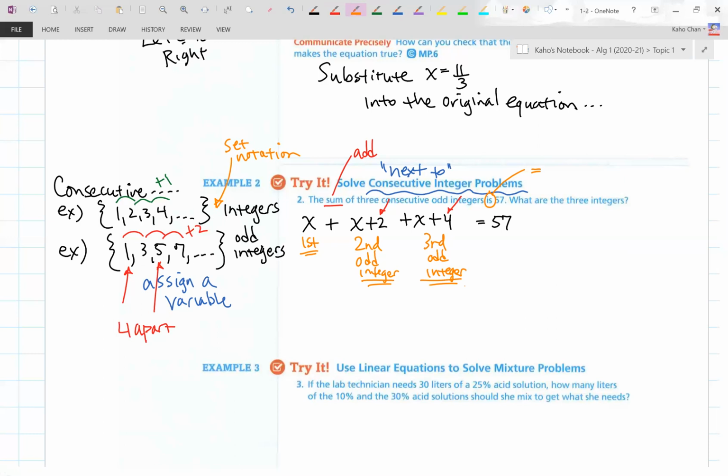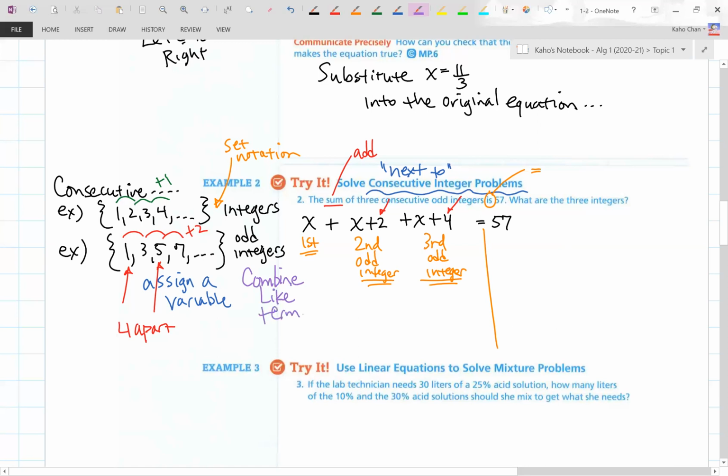And ladies and gentlemen, we've just created an algebraic equation. Congratulations. Now, some things I haven't mentioned yet that you should know from middle school are variables. Variables can be combined together, like variables. So here we want to do something called combine like terms. I have x, x, x.